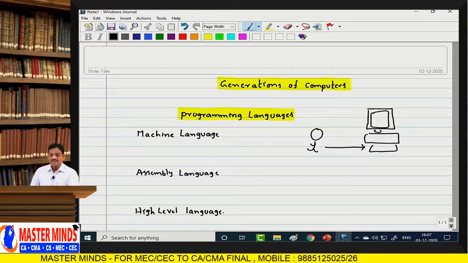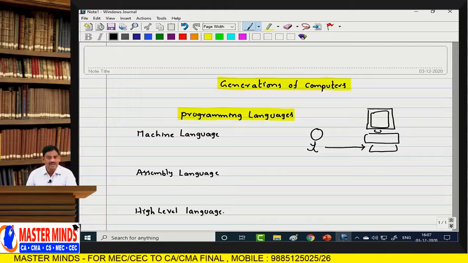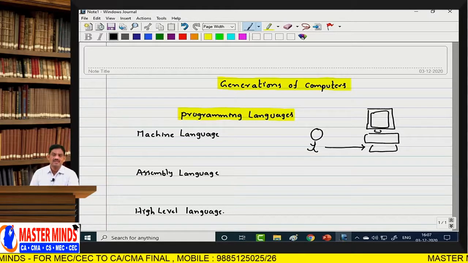There are three basic computer programming languages: number one, machine language, assembly language, and high level language.